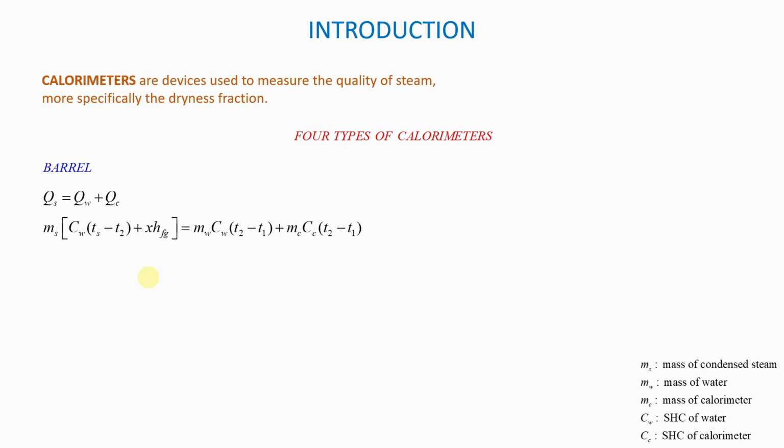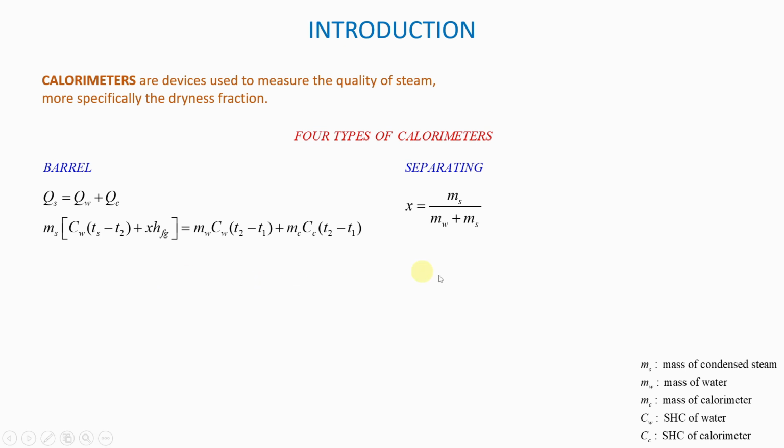Another calorimeter that is used is the separating calorimeter. In order to find the dryness fraction using a separating calorimeter, we divide the mass of the condensed steam by the total mass, which is made of the mass of the water and the mass of the steam.